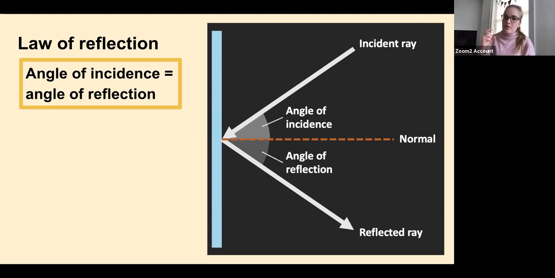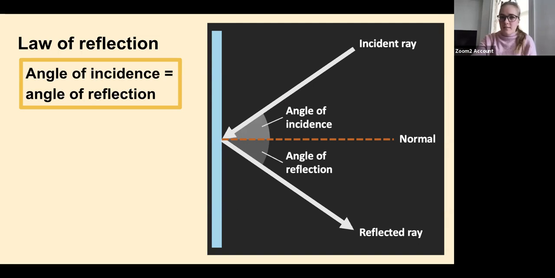These two angles are always going to be equal in reflection. So the angle at which the incident ray is coming towards the mirror is going to be the same as the angle that the ray is going to be reflected away from the mirror.